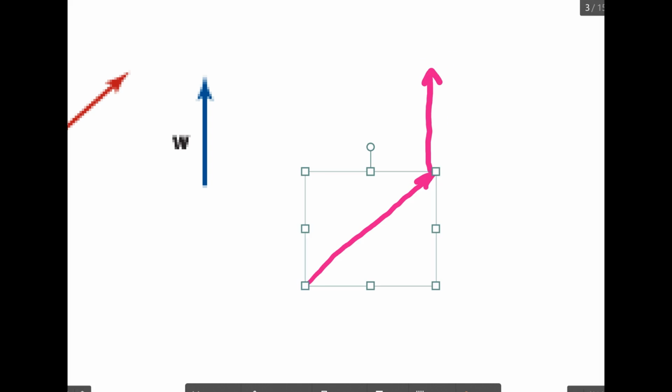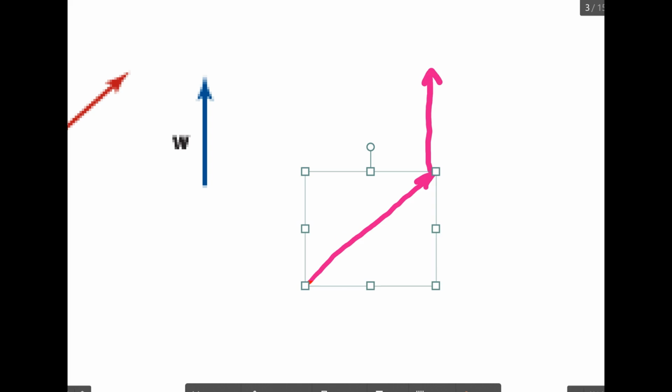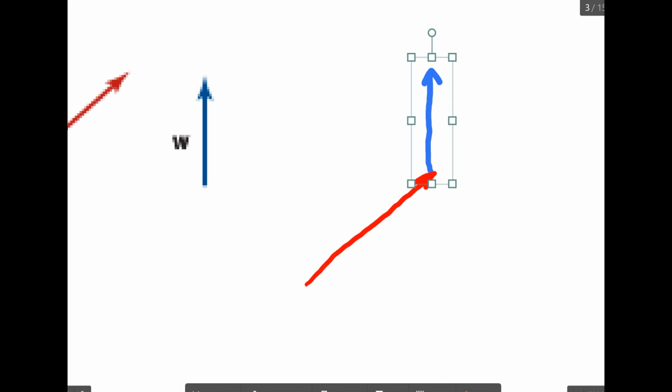Okay, cool. Let me change the color so you can see. That first one should be red. Let me make it red. Okay, so that matches. This guy should be blue. Okay.